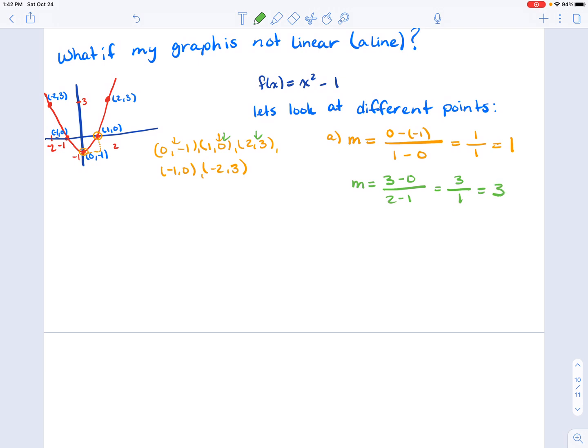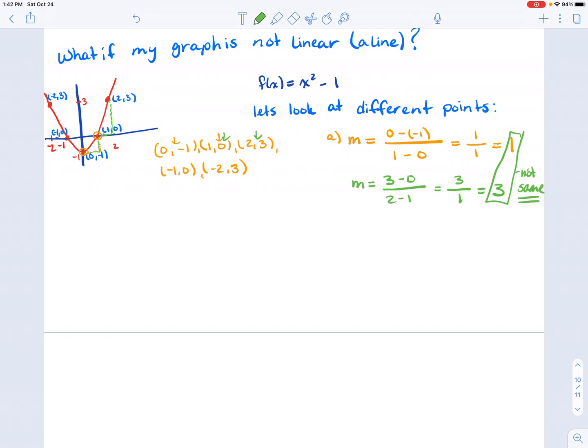Well, the slope is 3. Okay. These are not the same. So then I know this is a non-linear graph, because my rise over my run for this point compared to that point are not the same.